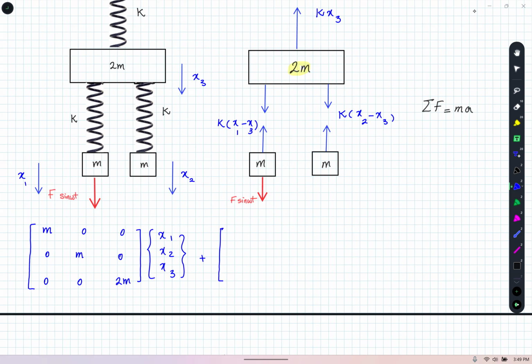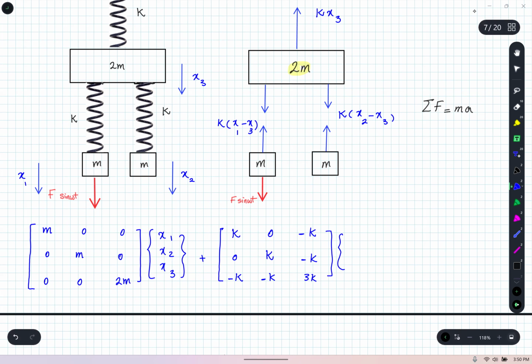And then I got my stiffness matrix, K, 0, minus K, 0, K, minus K, minus K, minus K, 3K. And here I have X1, X2, X3.